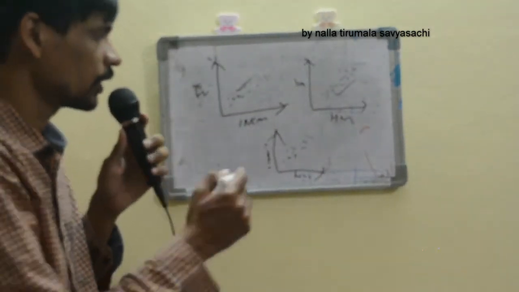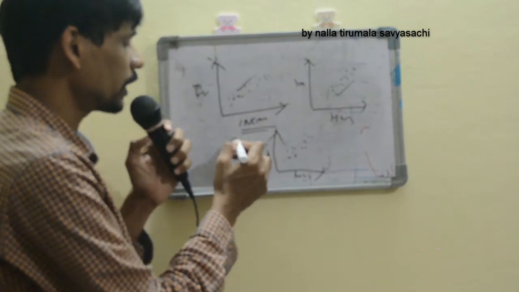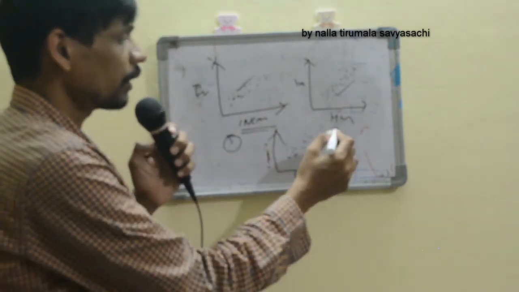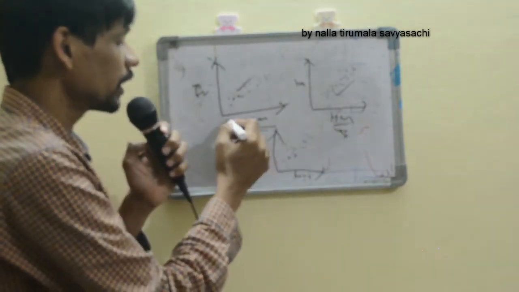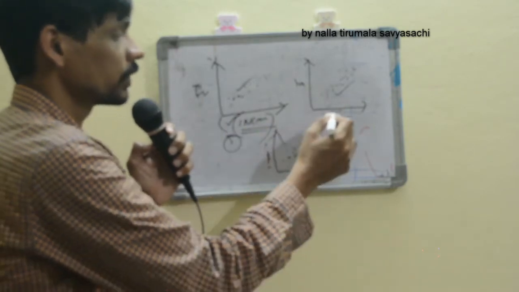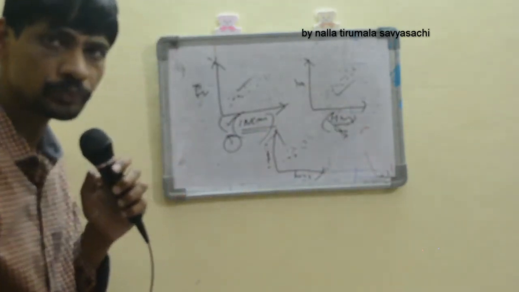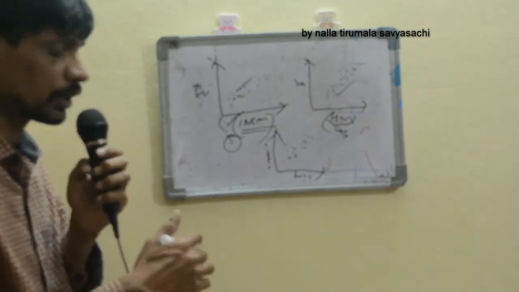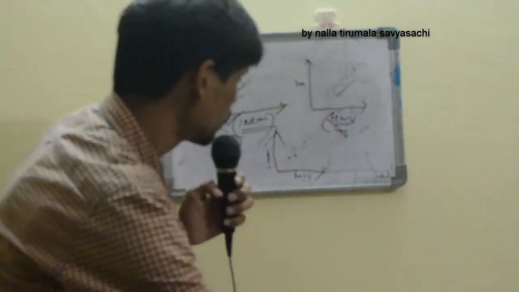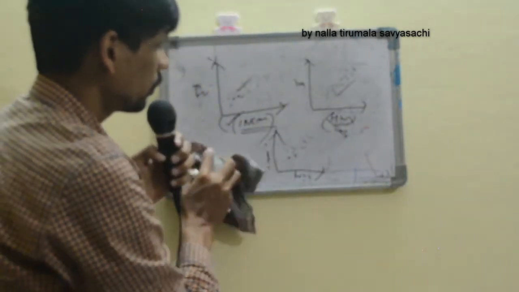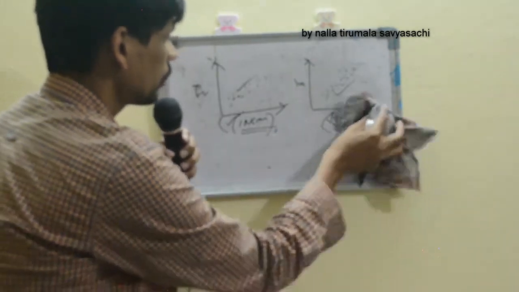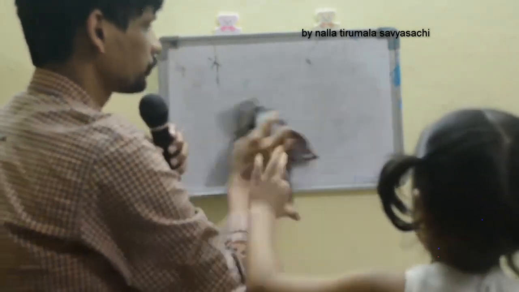Yes, if your income data standard error is less compared to health standard error, then we will consider only income instead of health also, right? You understood? Let me once again repeat.